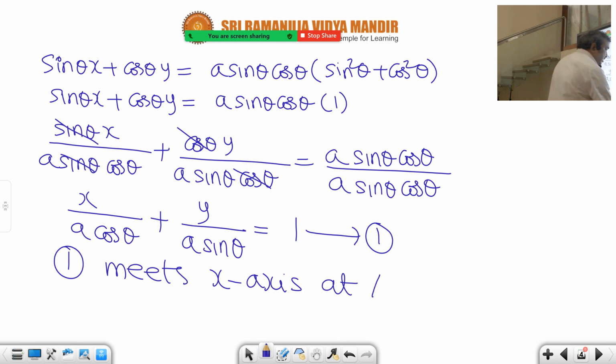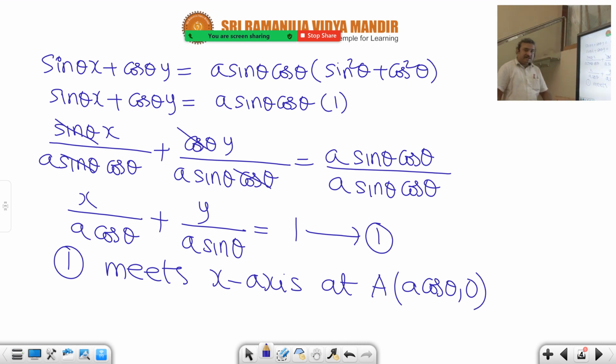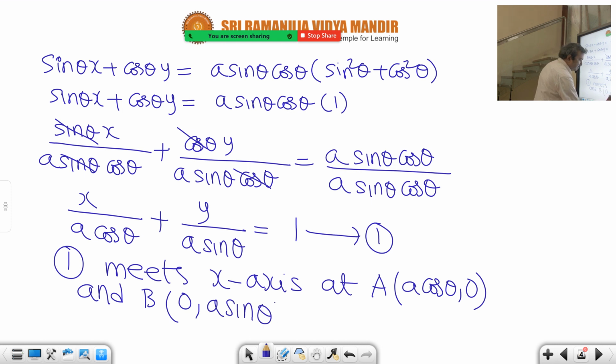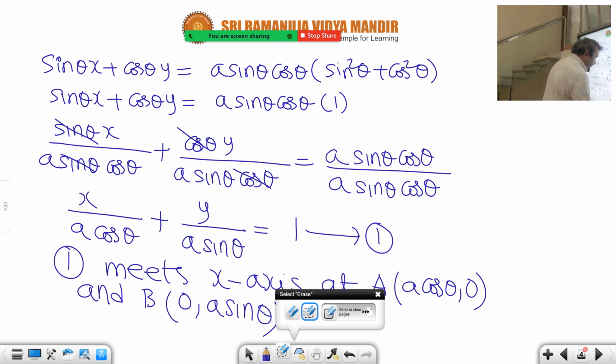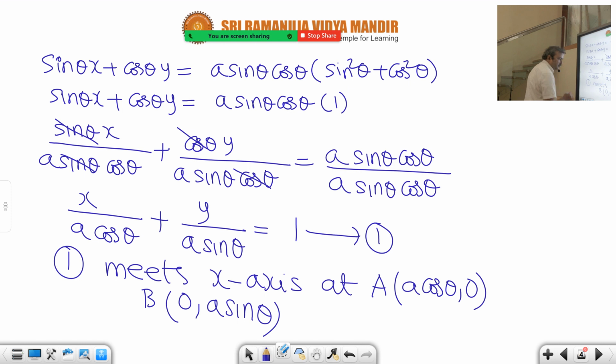You can write like this: capital A cos theta comma 0, and the y-axis at capital B 0 comma a sin theta, right?